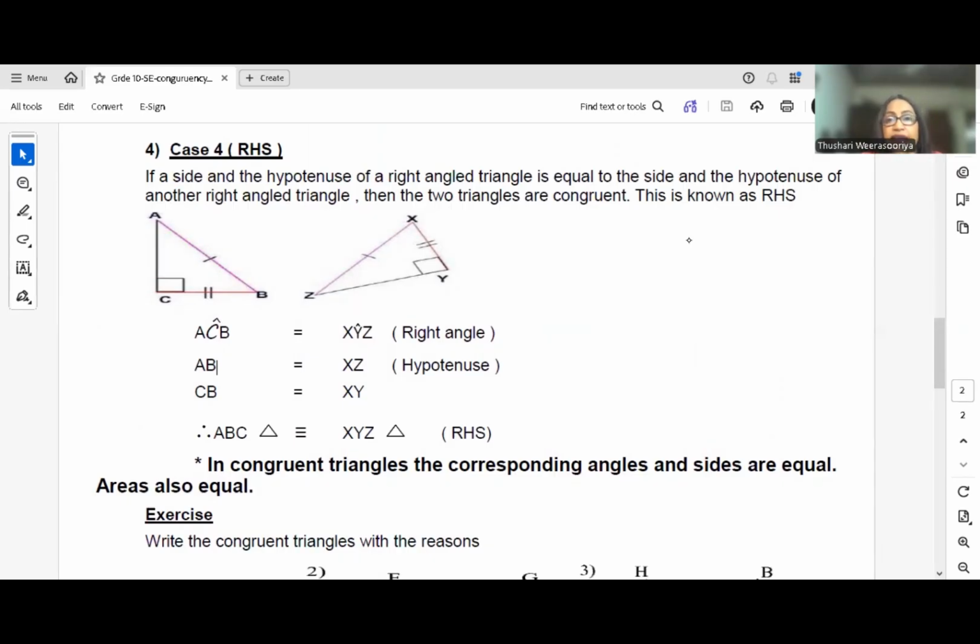There is a special side that is called the hypotenuse. In front of the right angle, opposite it, there is a side that is called the hypotenuse.